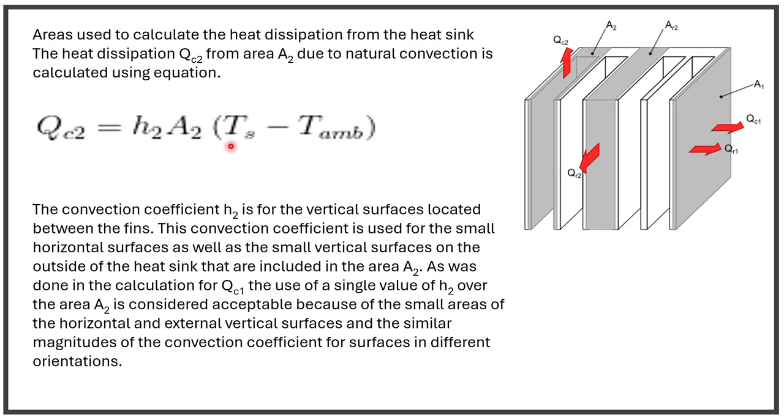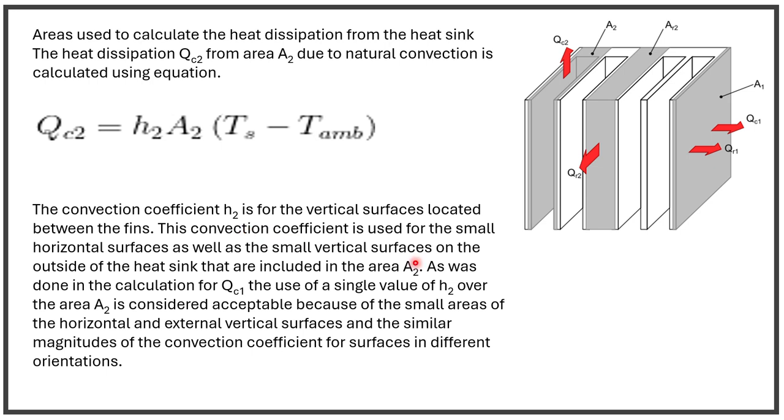So this is the formula for heat transfer h2. Now the area used to calculate the heat dissipation from the heat sink, the air heat dissipation Qc2 from area A2 here due to natural convection, is calculated using this formula: Qc2 = h2 A2 (Ts minus T ambient). So the convection coefficient h2 is for the vertical surface located between the fins.